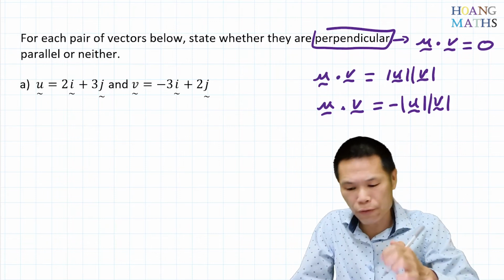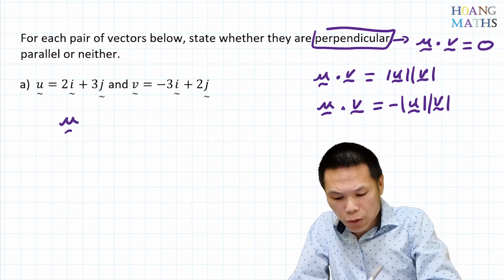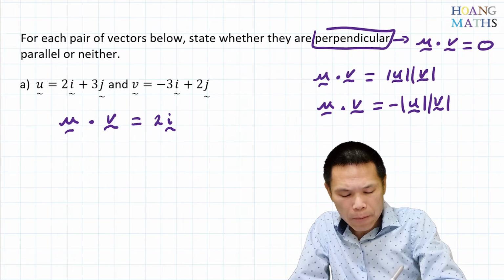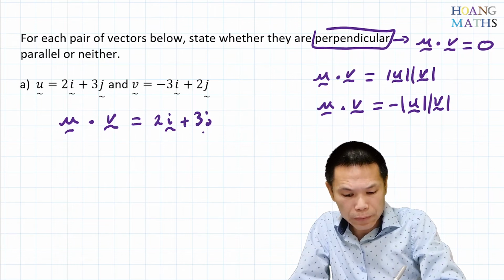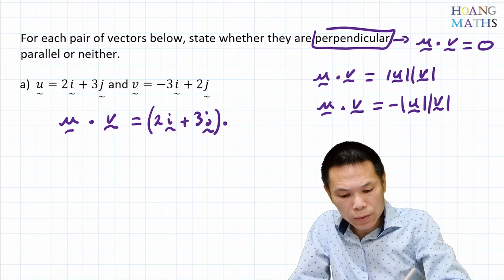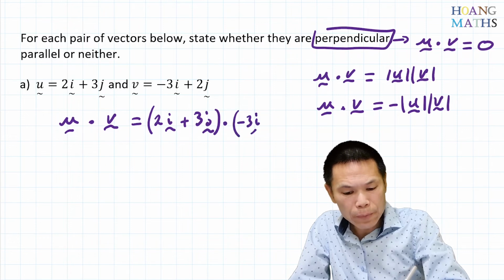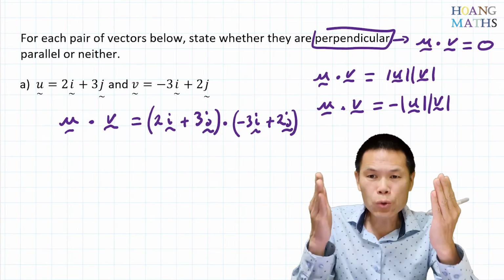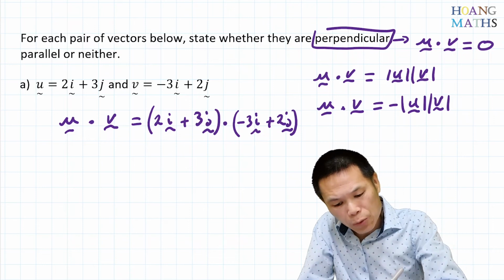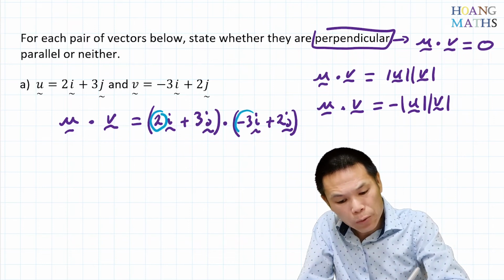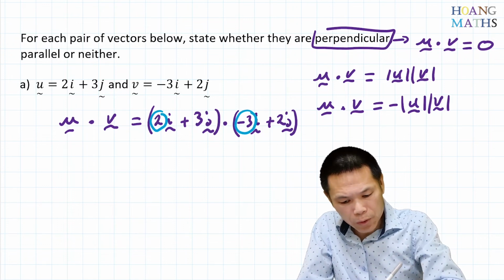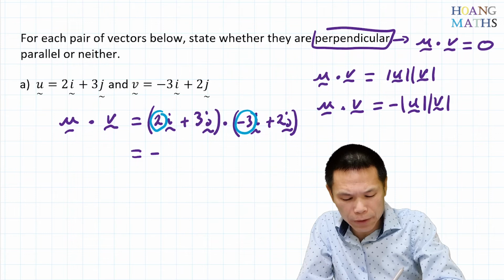So let's work out U dot V first. U dot V will give me 2i plus 3j dot negative 3i plus 2j. To work out the dot product, we take the i components and times them together, so 2 times negative 3 is negative 6.